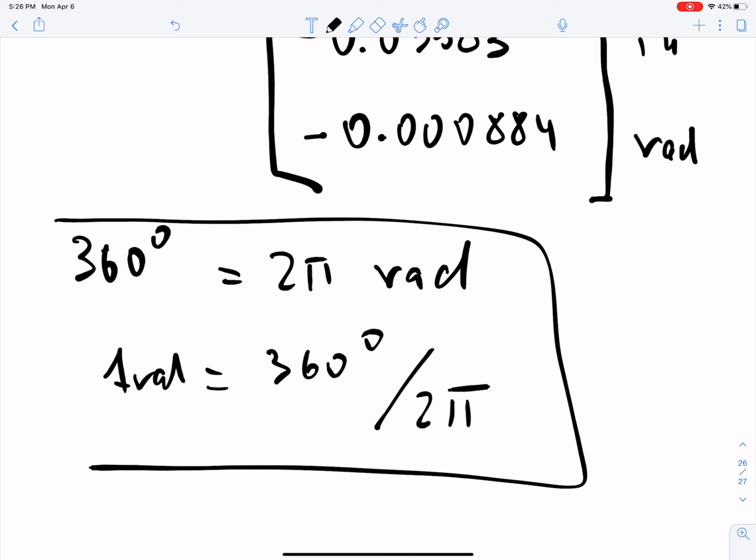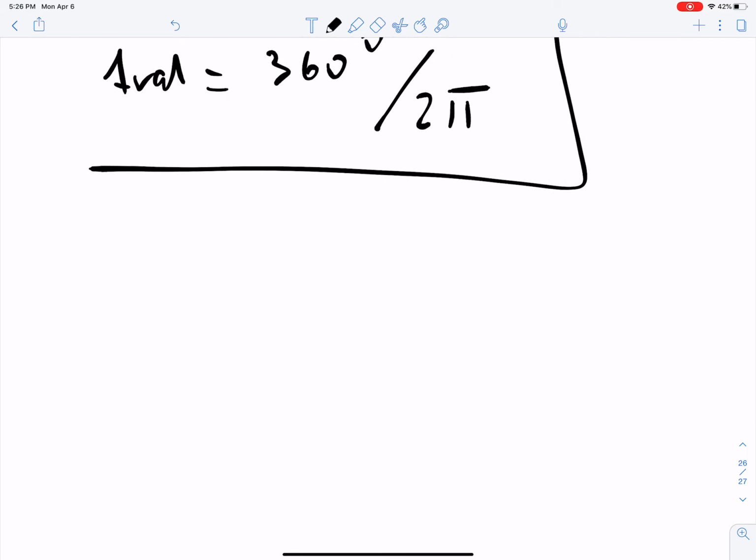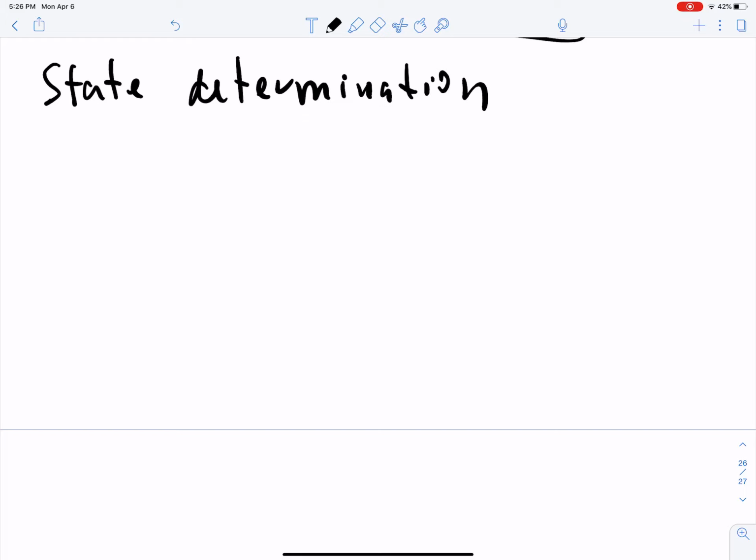Let me take you through a couple more calculations, and then we'll call it a day. Okay. So let's look at state determination. Okay.